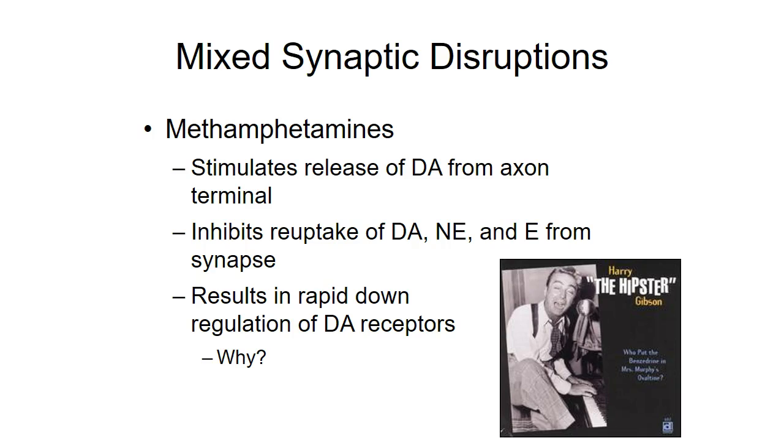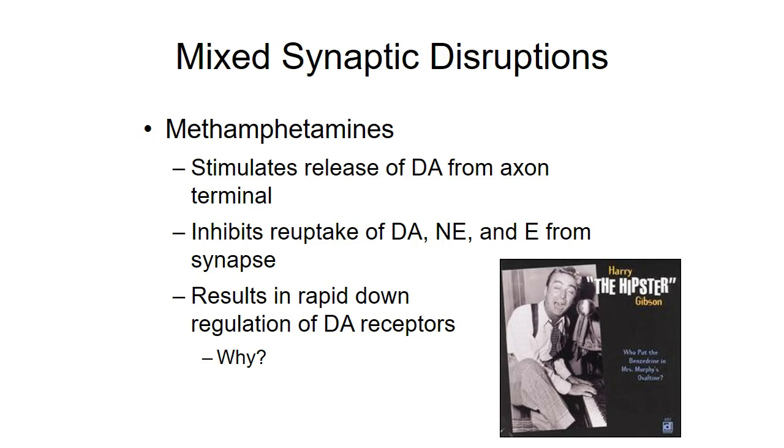Now, what if we put methamphetamines on board and we increase the number of receptors binding neurotransmitter on a postsynaptic cell, instead of 50 out of 100? Let's say all of them do, 100 out of 100. So now we've got this huge response in the postsynaptic cell.